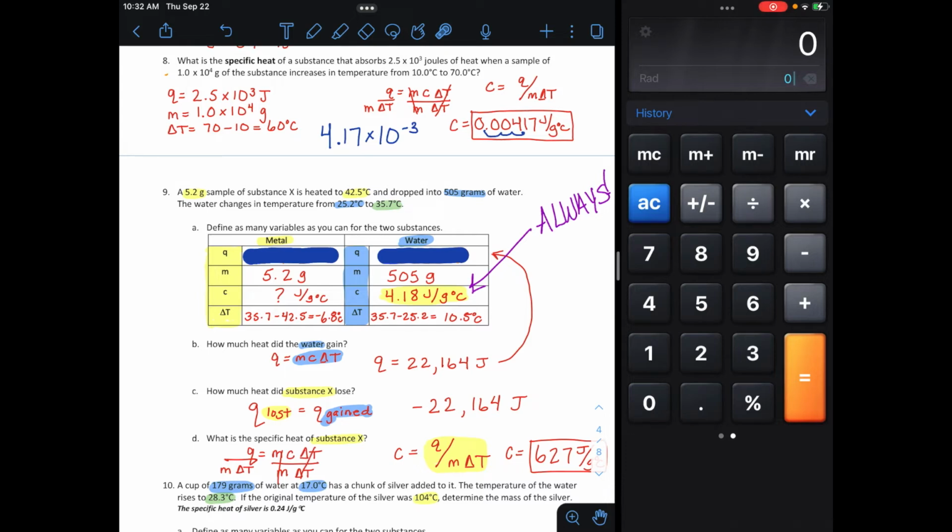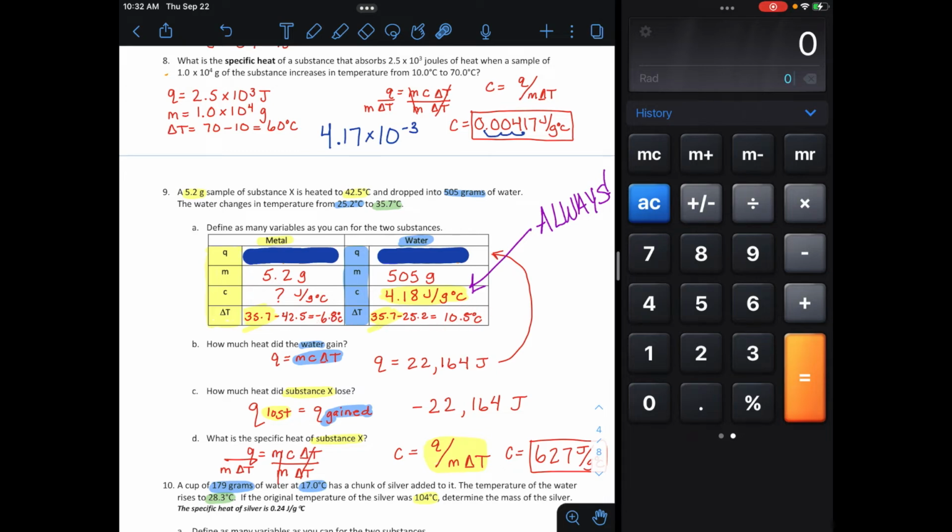In these calorimetry examples, the final temperature will always be the same for the water and the metal. So notice this right here. This number and this number will always be the same. T final minus T initial is going to give me the change in temperature.